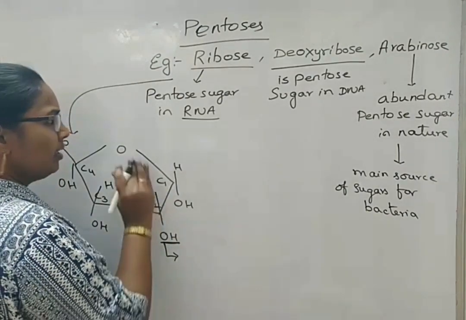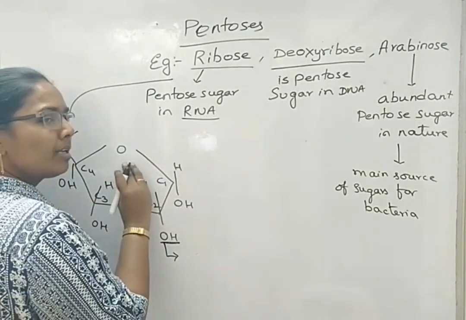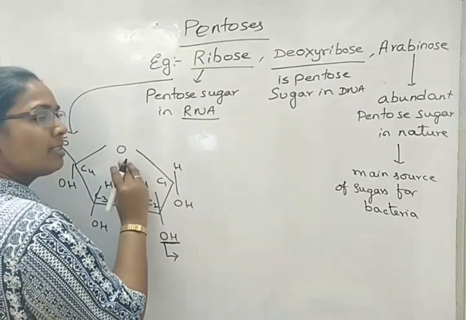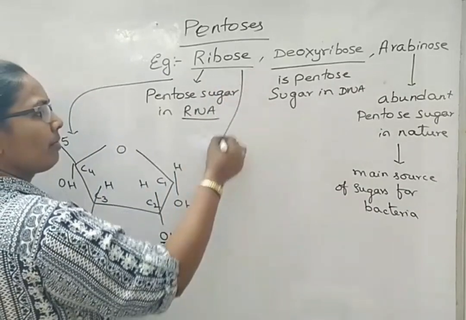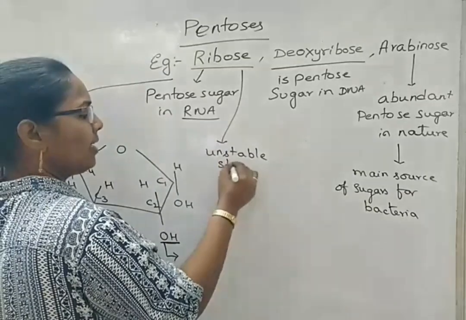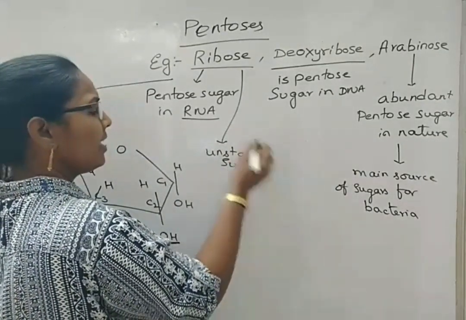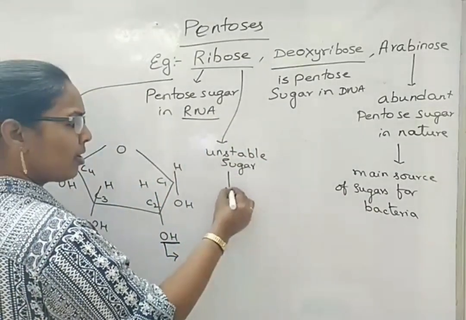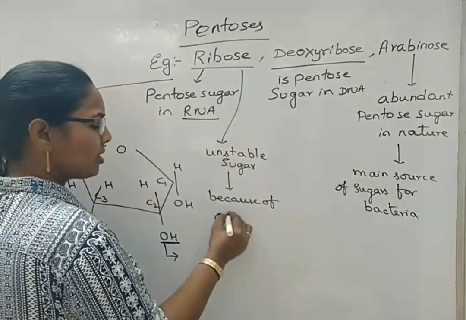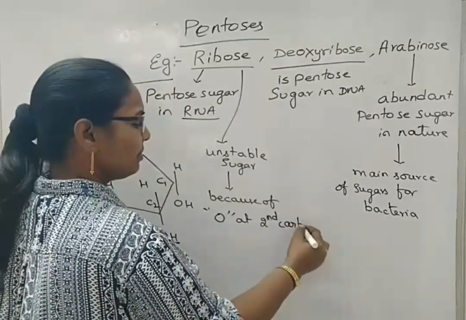So the total RNA molecule behaves as an unstable compound, or the pentose sugar, ribose, is considered an unstable sugar. That term is also given because of the oxygen at the second carbon position.